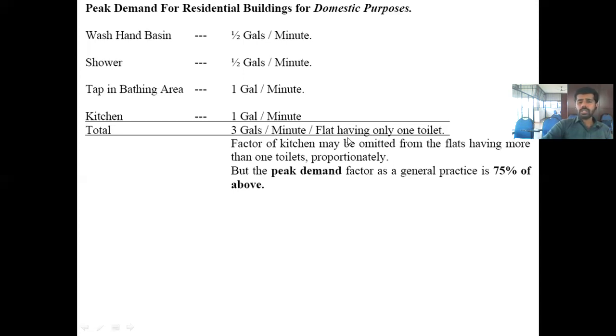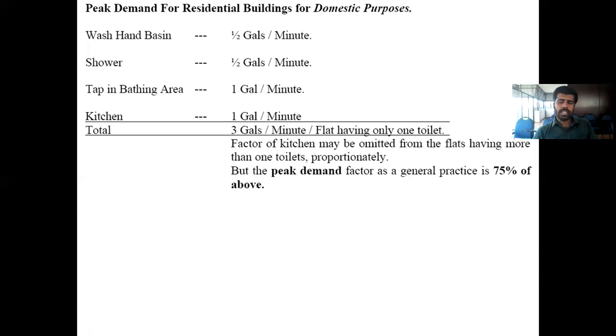Proportionately. So if it has only one toilet, you can take a peak demand of 3 gallons per minute, if it is a residential building. Then if there is more than one toilet in a flat, in that case you can omit the kitchen factor.